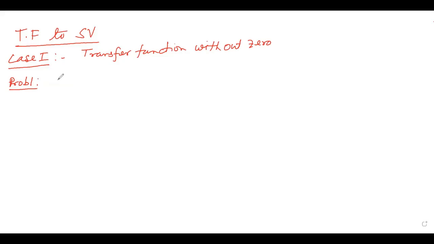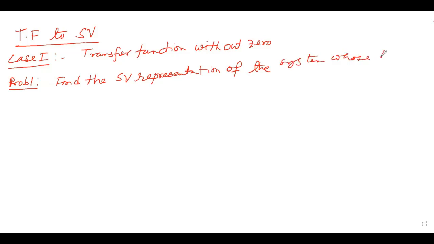Find the state variable representation of the system whose transfer function is G(s) equal to 10 by s to the power 5 plus 4s to the power 4 plus 6s cube plus 12s square plus 10s plus 9.